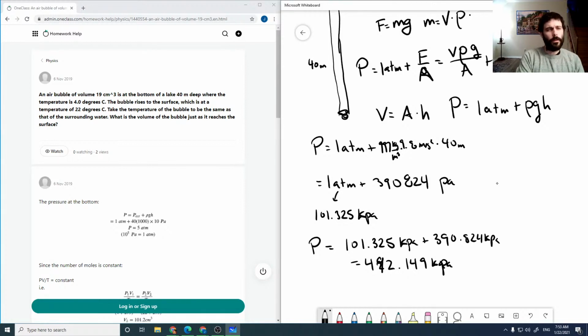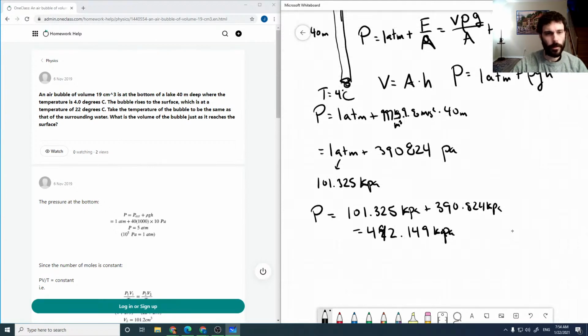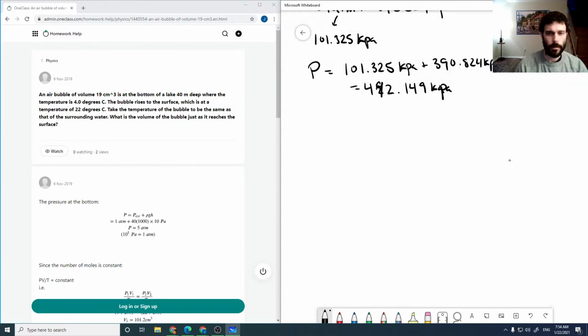Okay, so we've got a bubble at the bottom of a 40-meter lake. The temperature is 4 degrees Celsius. And now for the second part, the bubble rises to the surface, where the pressure is this 101.325 kilopascals.